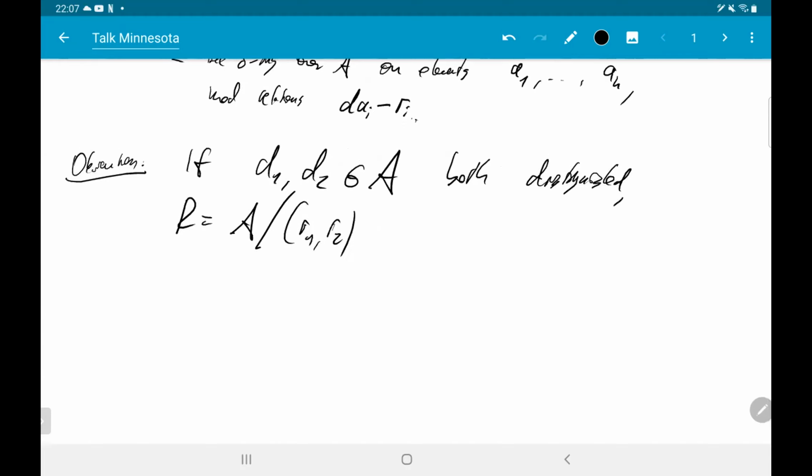I could take the ideal generated by D1 or the ideal generated by D2. I could take either of those to define the prism structure. So I get two things that are a priori different.